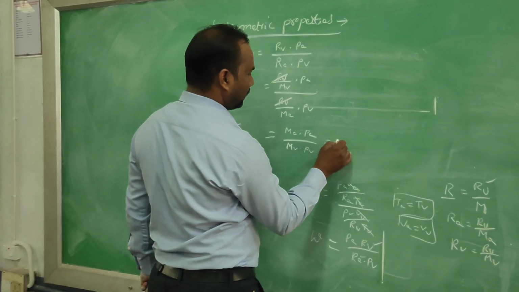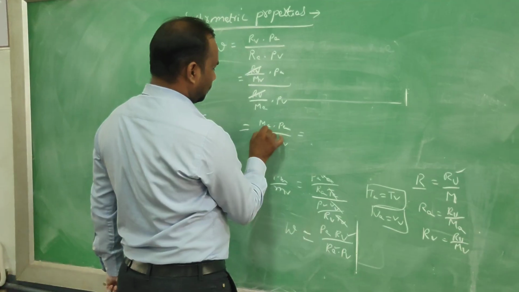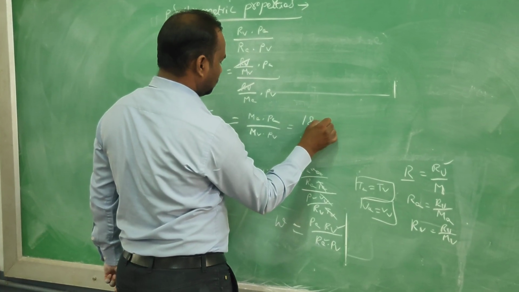If you simplify, we will get MA around 18.0166.